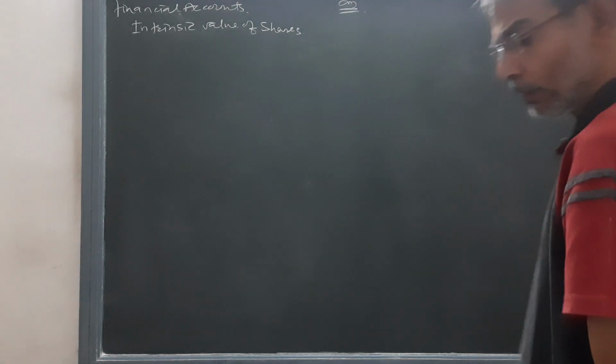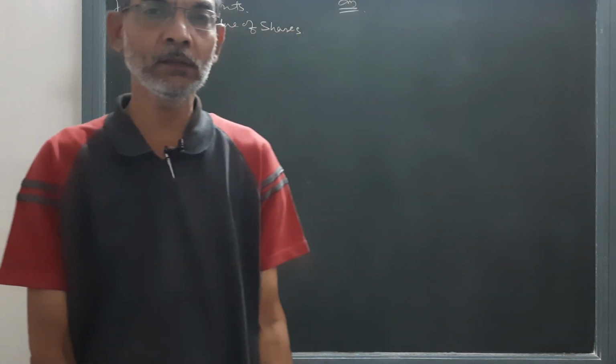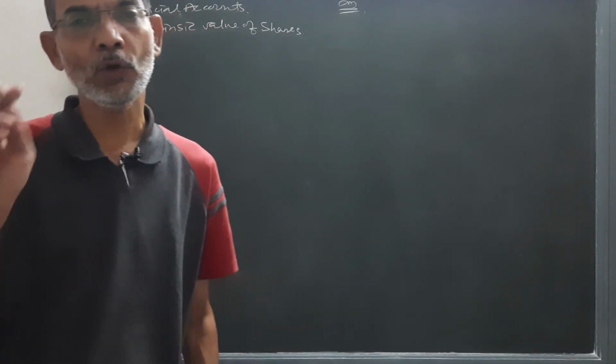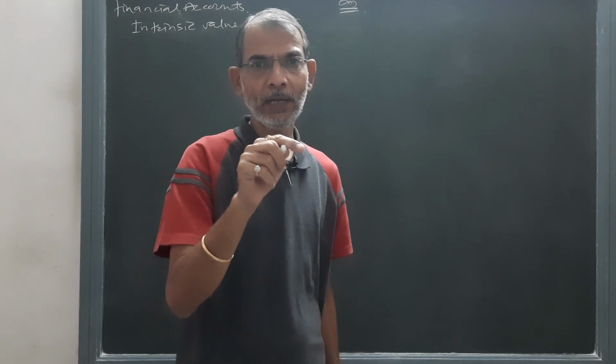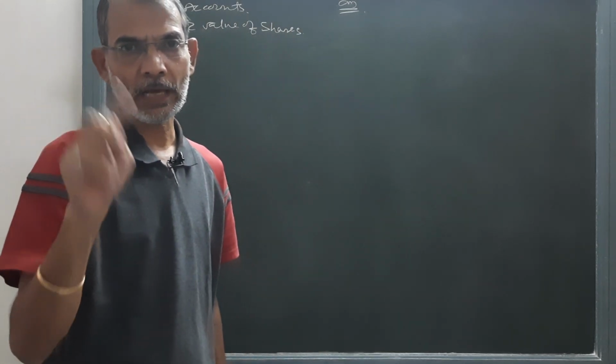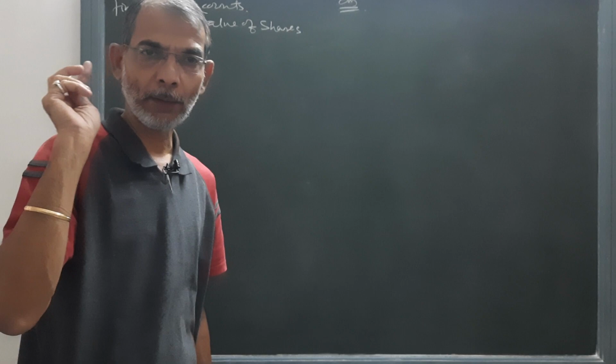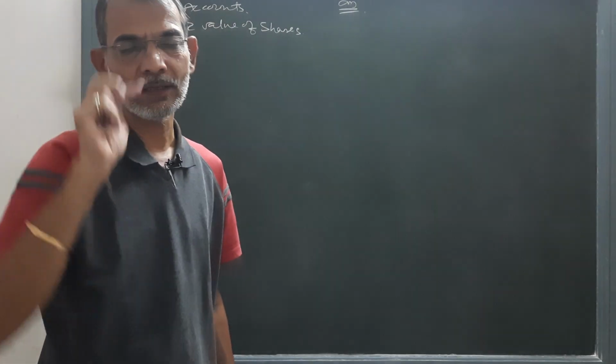Now here students, first we have to find the value of goodwill. For that, first of all we will have to find capital employed. Capital employed means assets minus liabilities minus preference share capital if there is any.